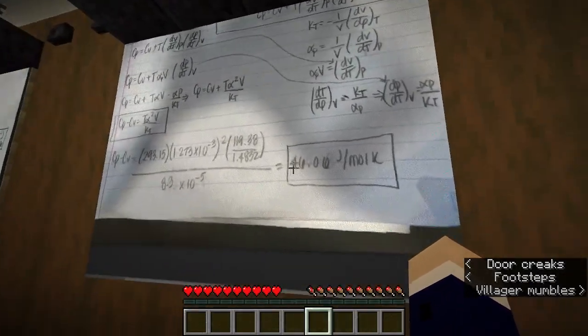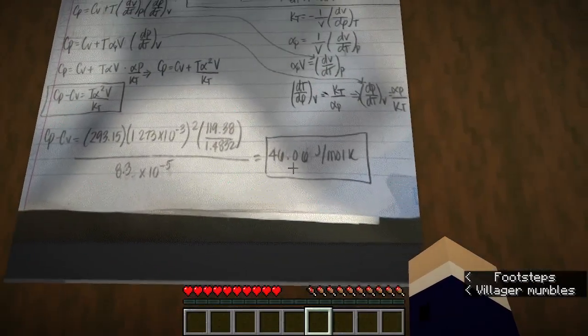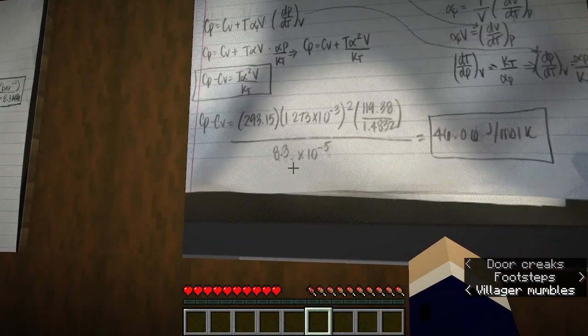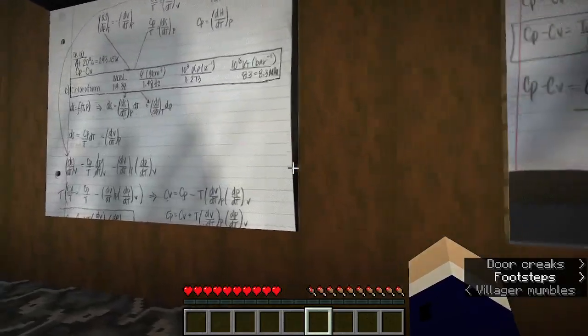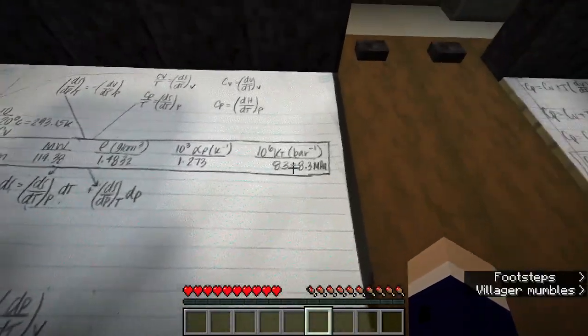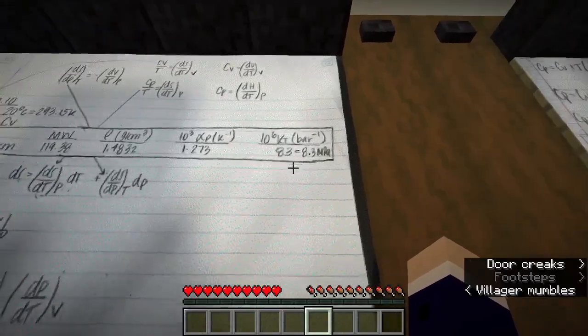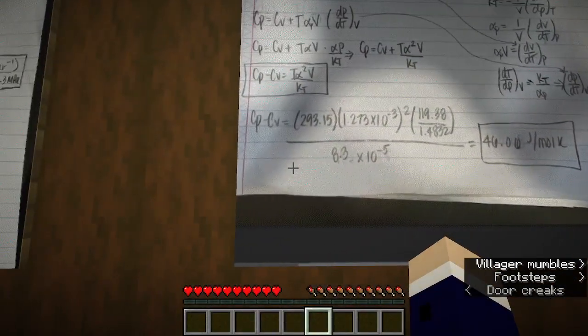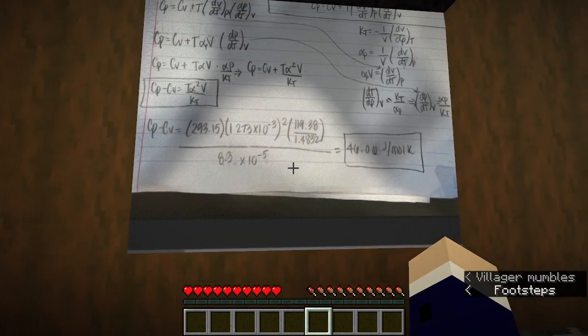And we end up with 4.06 joules per mole Kelvin. We ended up using 8.3 because we changed it from bar to megapascals, which is why we used 8.3 times 10 to the negative 5 instead of 83 times 10 to the negative 6.